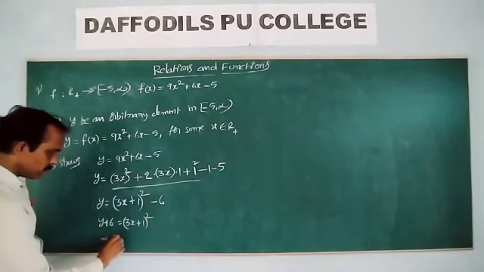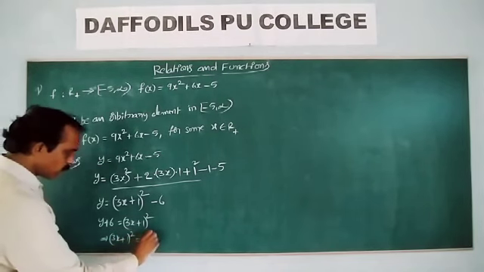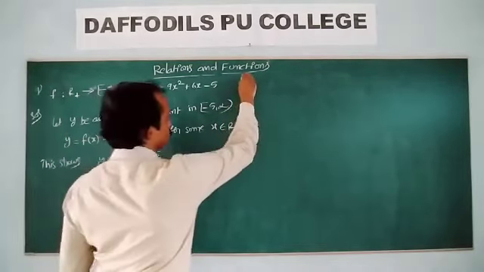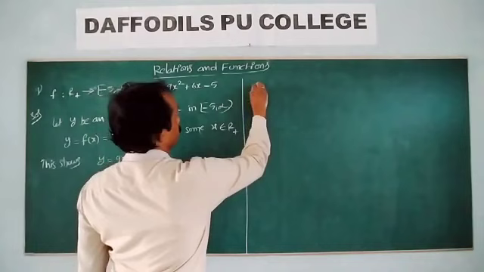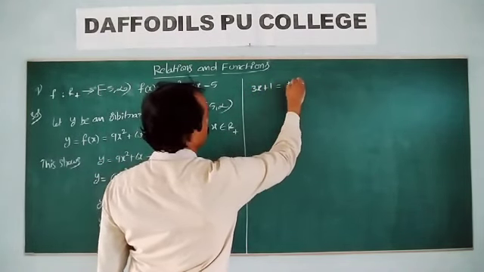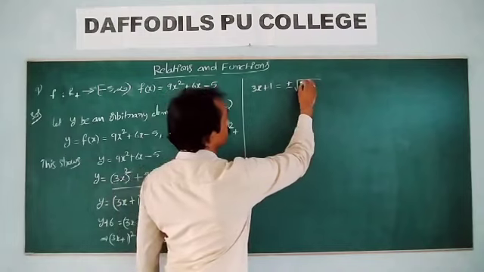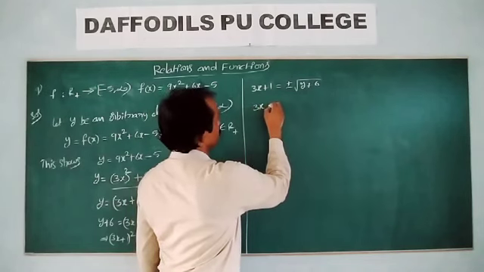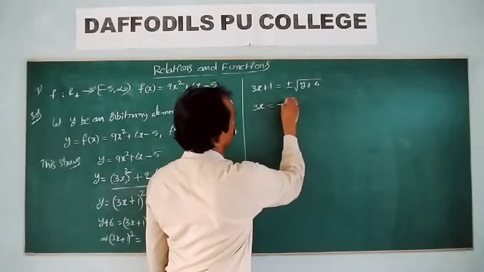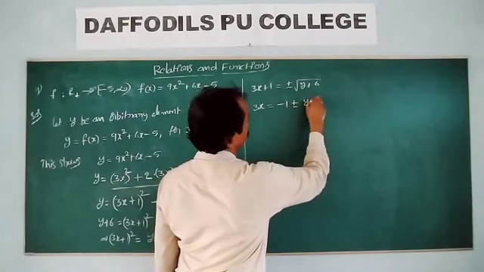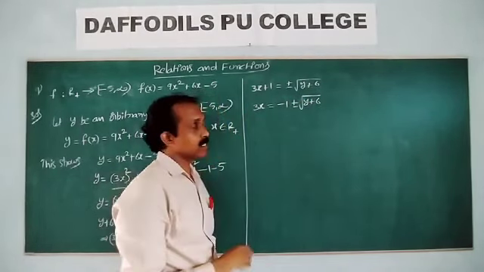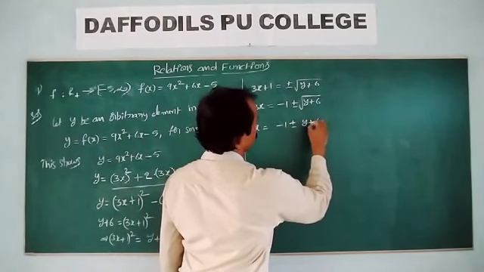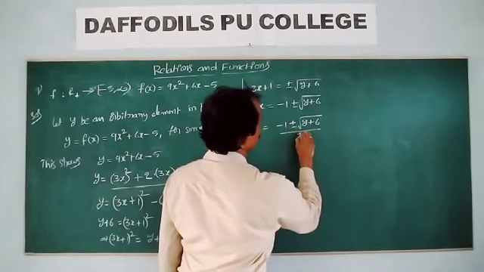This implies 3x plus 1 whole square is equal to y plus 6. 3x plus 1 is equal to plus or minus root of y plus 6. 3x is equal to minus 1 plus or minus root of y plus 6. x is equal to minus 1 plus or minus root of y plus 6, divided by 3.